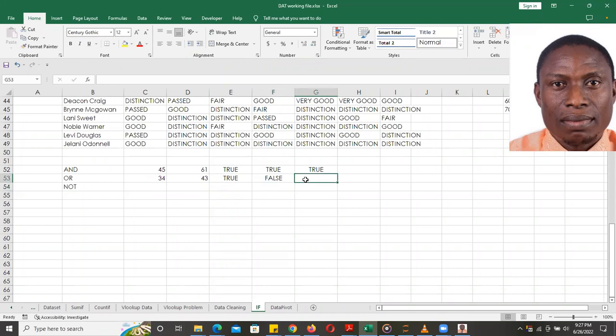So if we combine the two, it's going to give us true. It will always pick true once one is false and one is true. But once the two of them are false, that's the only condition that the OR function will give you false.